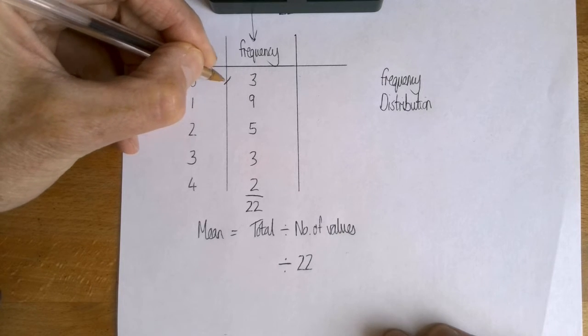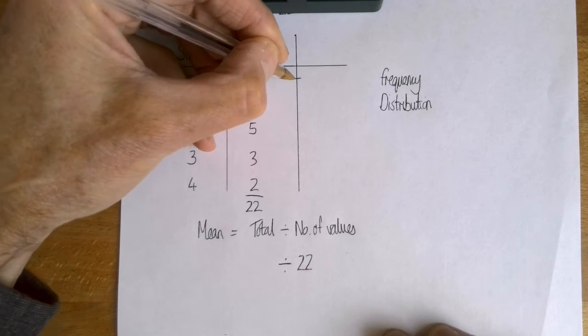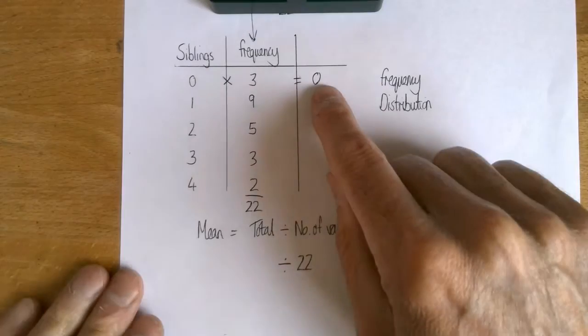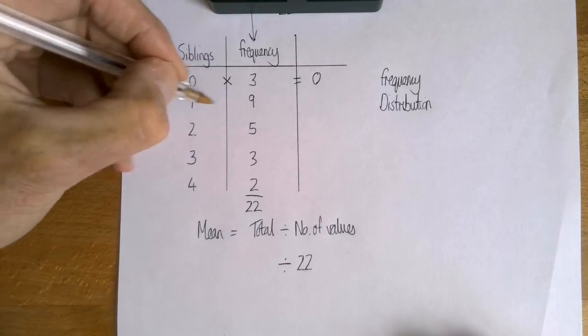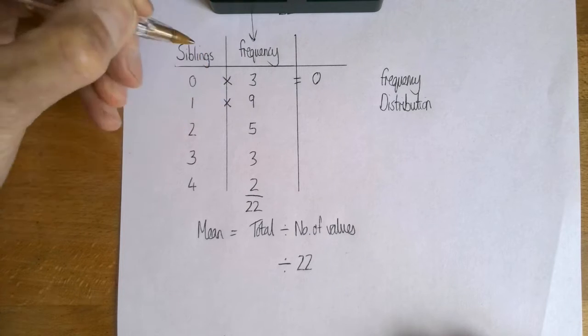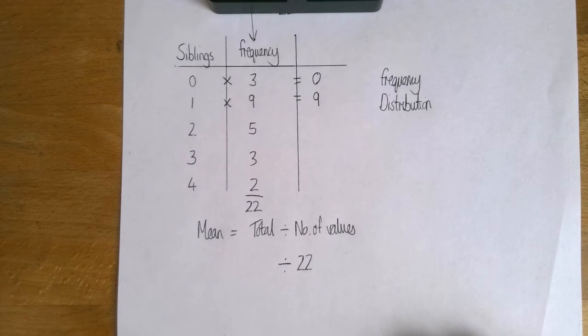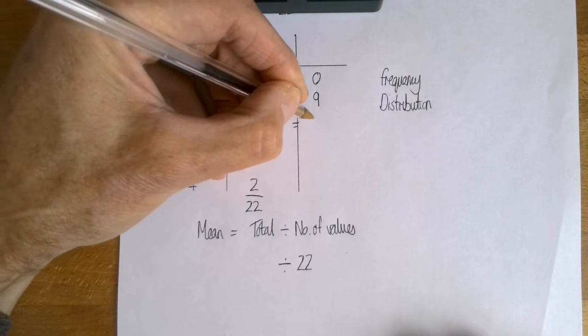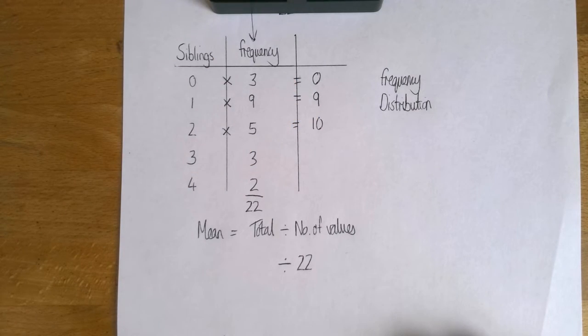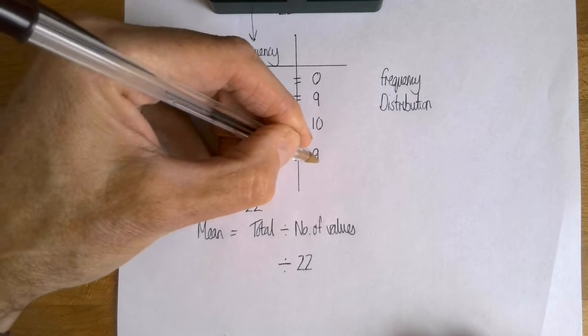So I've got 3 lots of nothing. That's nothing. Just be careful there. It's easy to put 3 there. It's not. 9 people with 1 brother or sister, so that's a total of 9. 5 people with 2 brothers and sisters, so that's 10 brothers and sisters in total. 3 people with 3 brothers and sisters, so that's 9.